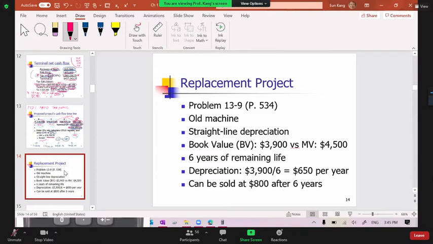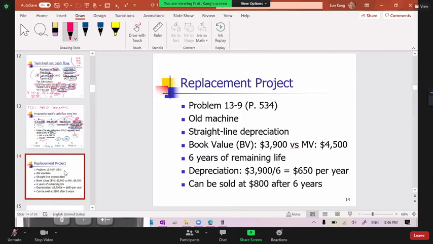Then Gilbert is considering purchasing the side steamer 3000, a higher end steamer, which costs 4,000 as a new machine and has an estimated useful life of 6 years with an estimated salvage value of 1,500.